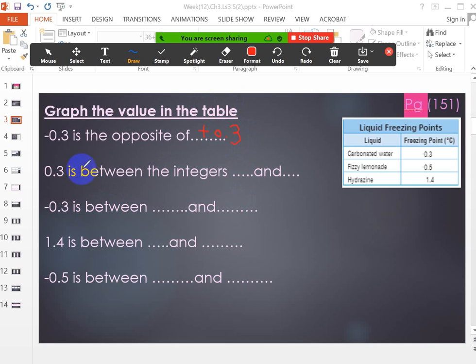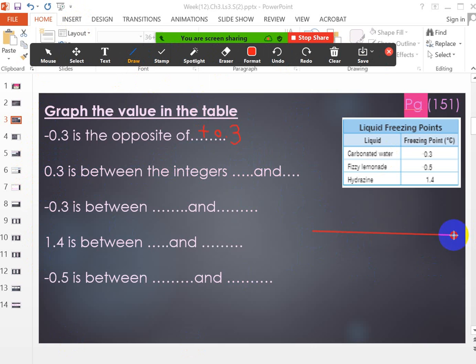0.3 will be between two integers. What are those integers? Look at 0.3. It is a decimal number, which means it will be between two wholes.